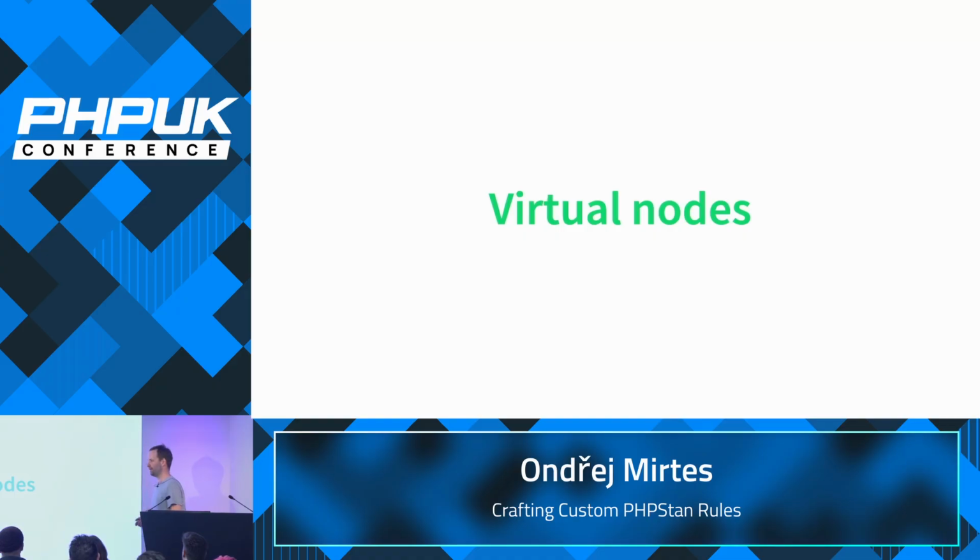So for example, if a function is supposed to return a value and the return statement is missing, you don't have any node to hook your rule onto, right? So that's why PHPStan introduces specific virtual nodes for these use cases. So you actually can detect tricky situations in your code.